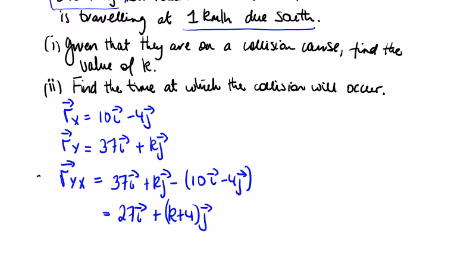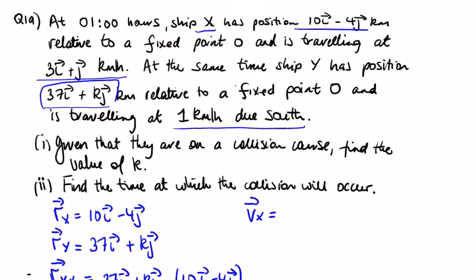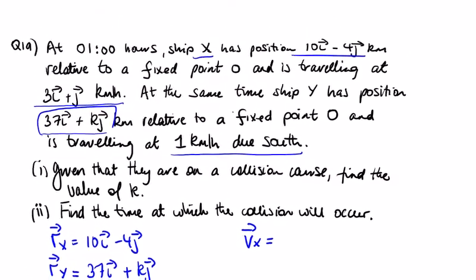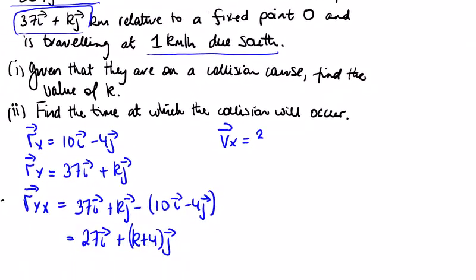So that's going to be 27i plus, we're going to have kj plus 4j, so plus (k plus 4) times j. If we get the relative velocities, the velocity of X is 3i plus j, and the velocity of Y, 1 kilometer due south, so 0i minus j.